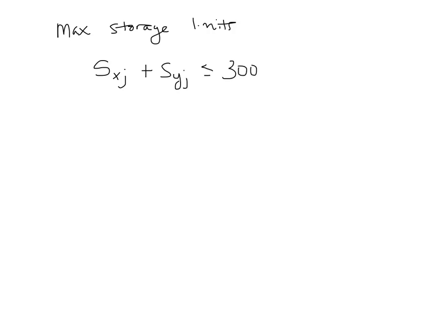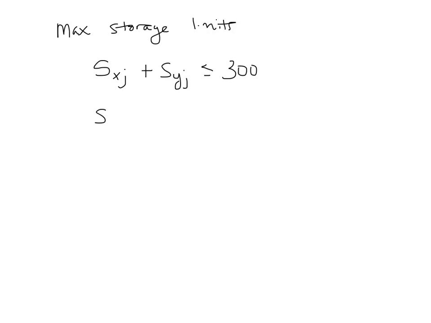We just have one more set of constraints to do, which is the maximum storage limits for each month. Right, so in July and August and September, there can only be 300 things that we can store each time. So the amount that was stored for motorhome cabinets, plus the amount that was stored for mobile homes at the end of July has to be less than or equal to 300. We can't carry forward more than that.